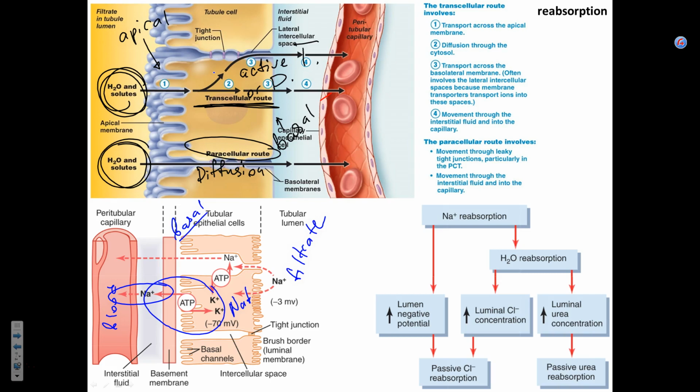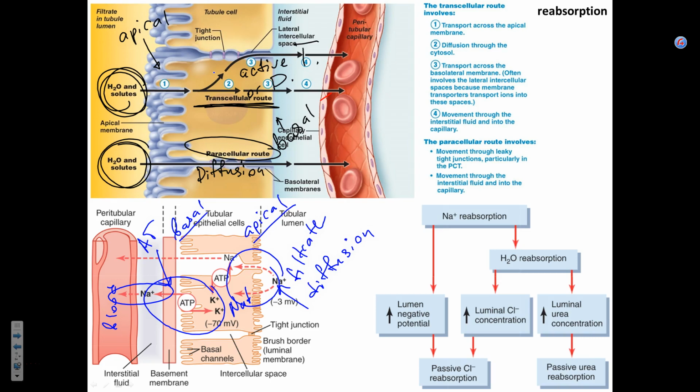Which means sodium will be able to diffuse through the apical membrane. Okay? So on the basal side, sodium is actively transported into the blood, which maintains low sodium concentration inside tubular cells, and that enables sodium to diffuse from the filtrate into the tubular cells.